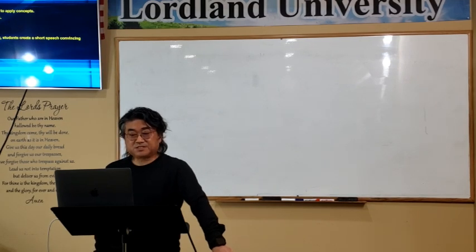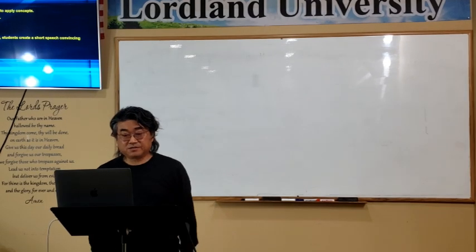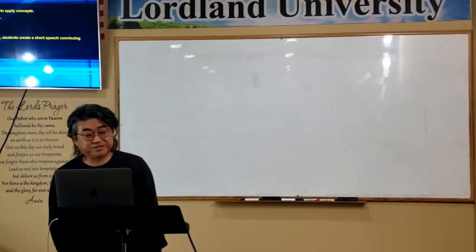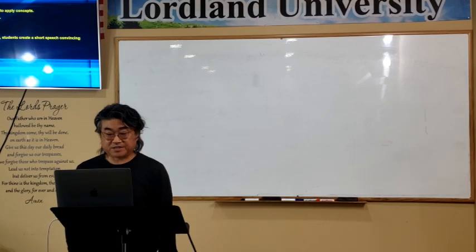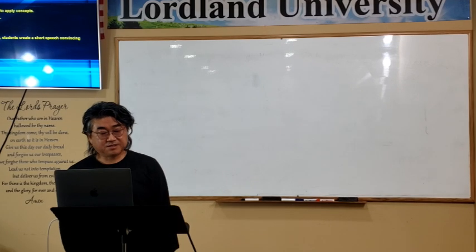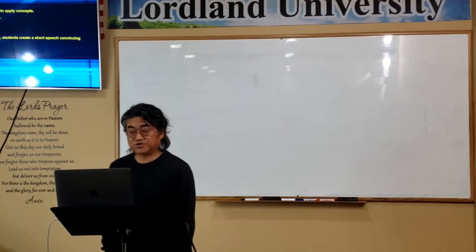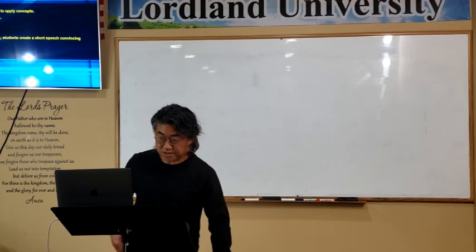So for elicit performance, an example might be this: after learning about persuasive writing, students create a short speech convincing their classmates of a chosen argument. It is like this.